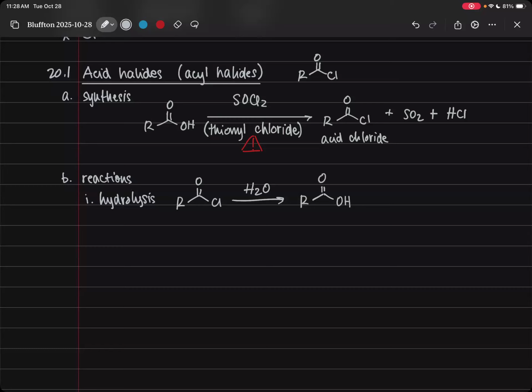Oops, we get our carboxylic acid starting material back. So if you let acid halides get wet, or, I mean, you can't expose them to the air, but they do hydrolyze pretty quickly back into the carboxylic acid.